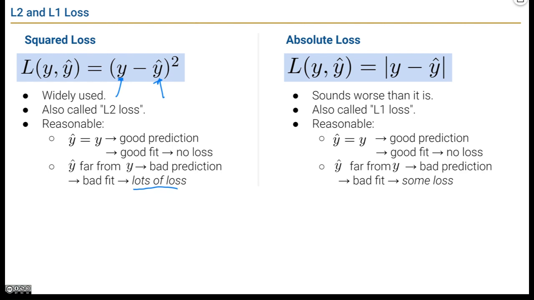Squaring is not the only option, though. The other version we're going to look at is when you take the absolute value. And this is often called the L1 loss. This L2 and L1 notation actually comes back to some math theory around what are called mathematical norms. They're called L2 norms and L1 norms that are based on these quantities.